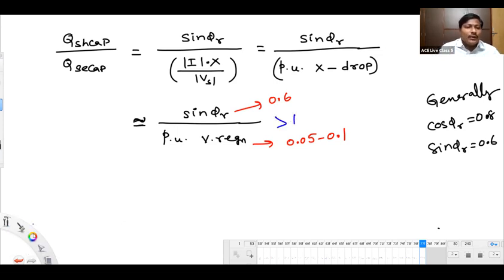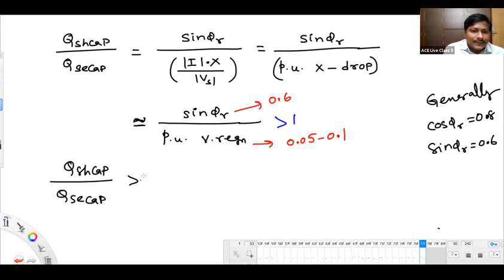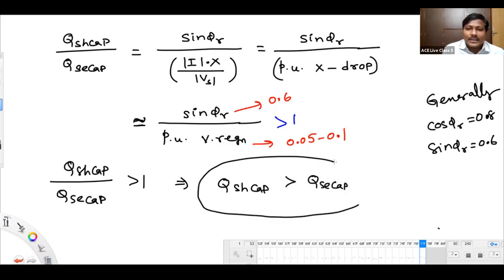So I can say now, the shunt capacitor bank rating to the series capacitor rating will be greater than 1. Means the rating of the shunt capacitor bank is greater compared to the rating of the series capacitor bank for the same voltage boost.